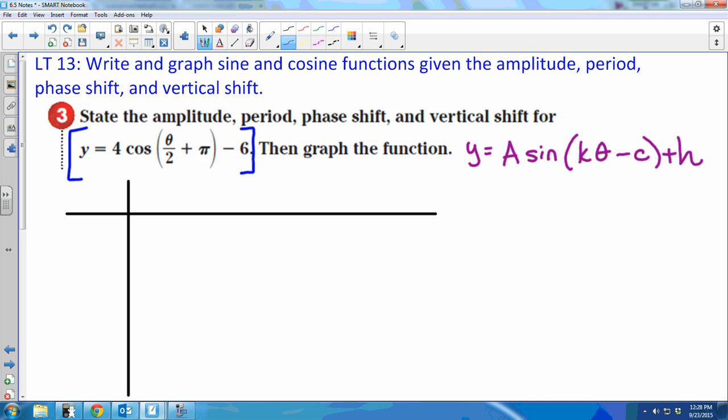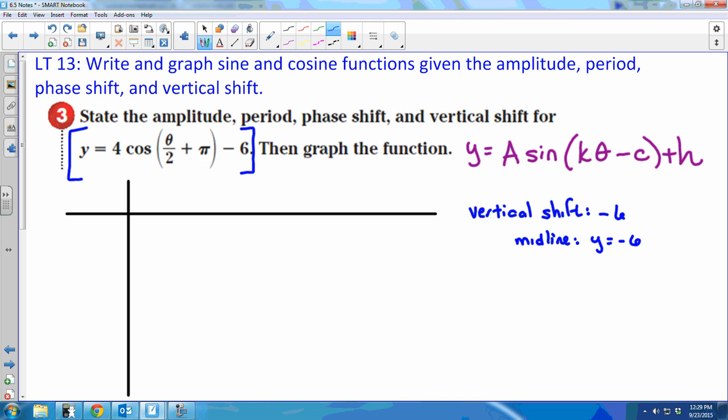All right, so we're going to do this in the order I just told you. The first thing we're going to do is figure out the vertical shift. So what is the vertical shift in this equation? -6. So that means the midline is at y equals -6. Everyone know where that came from?